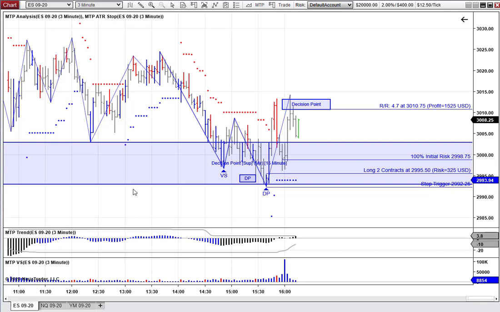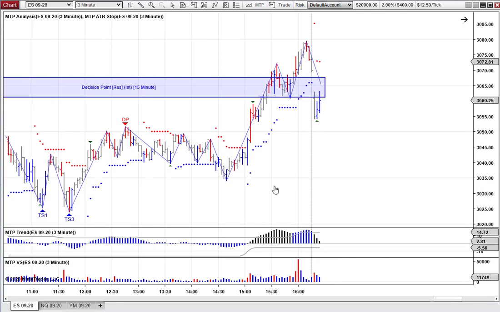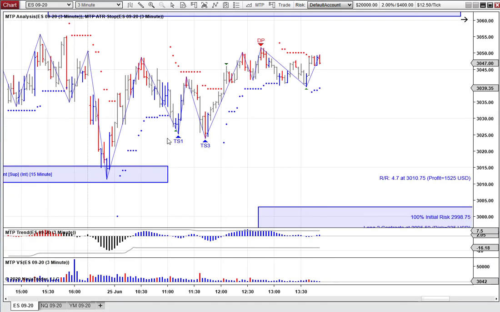Then we can look to gauge the large degree trend direction in that correct direction off those DP support and resistance. We then look to find trade setups that unfold either at those levels or are reversing or coming off those levels, like they did here with our MTP trend color. Then we deem the picture's clear, and then we can look to trade in that direction.